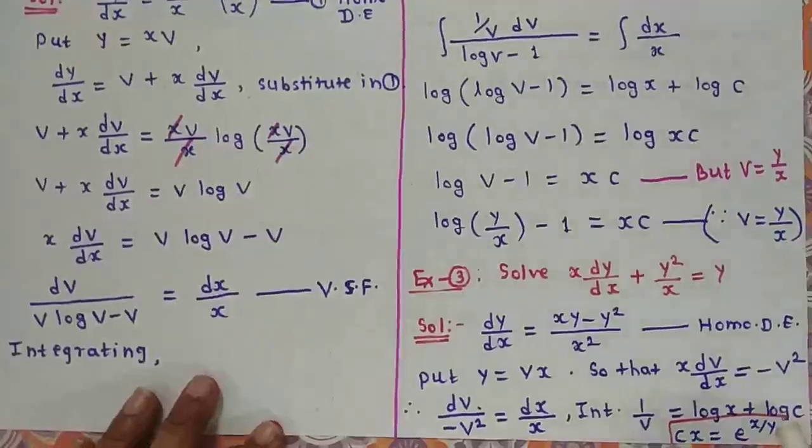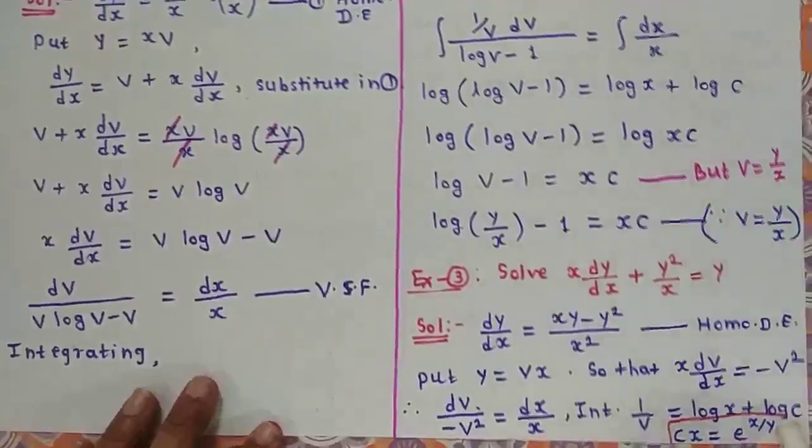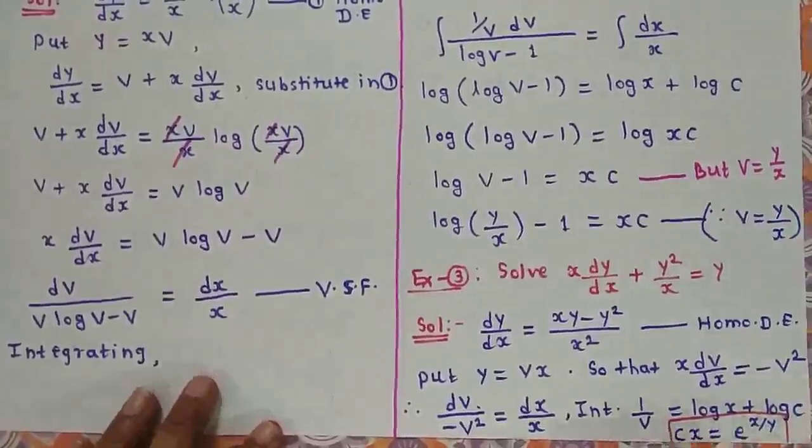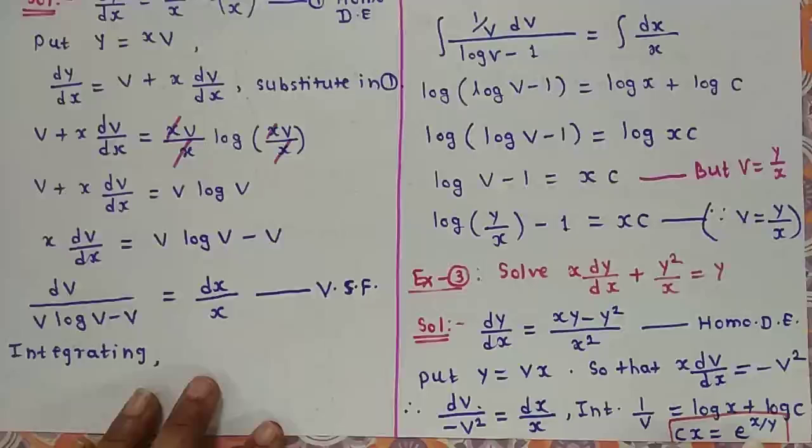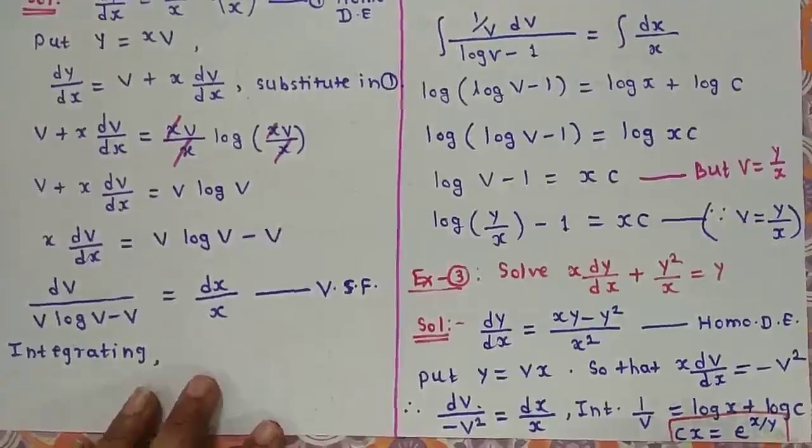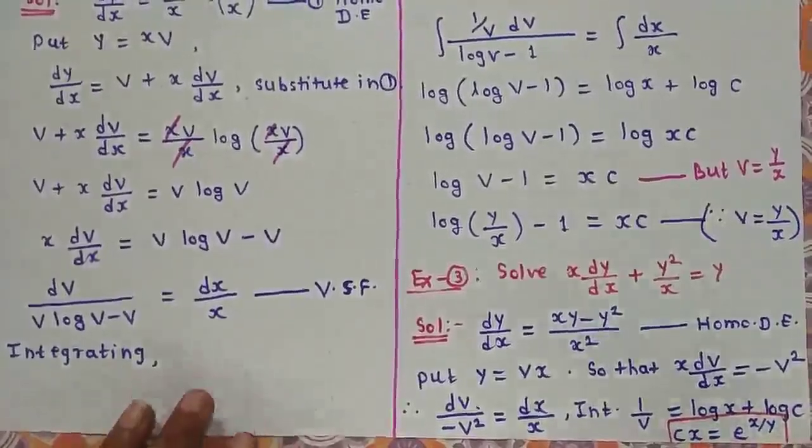Now to cancel this log we take exponential on both sides. That's why we get xc equals e raised to power 1 by v, but v is equal to y by x. So 1 by v is x upon y, and hence the required solution is xc equals e to the power x upon y.